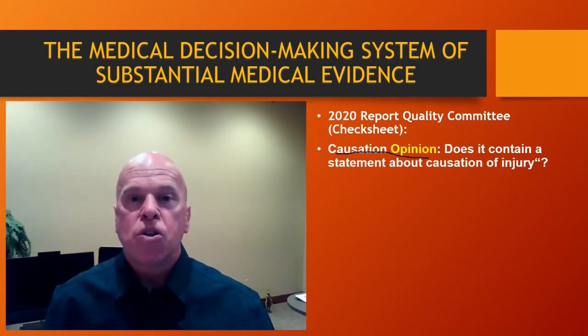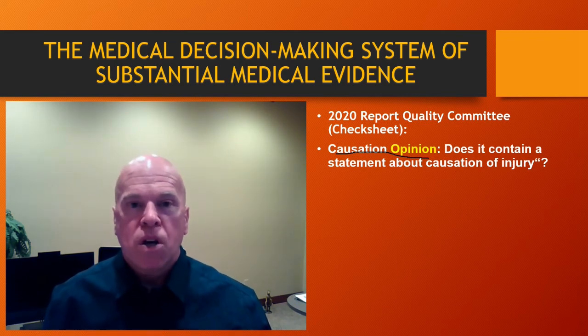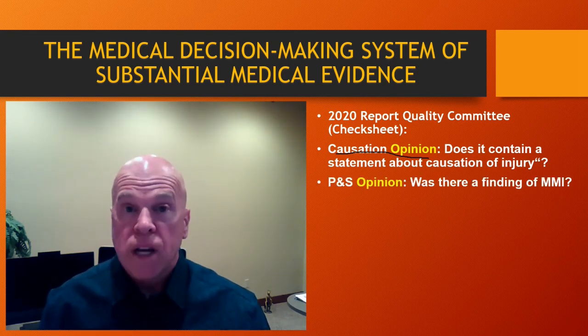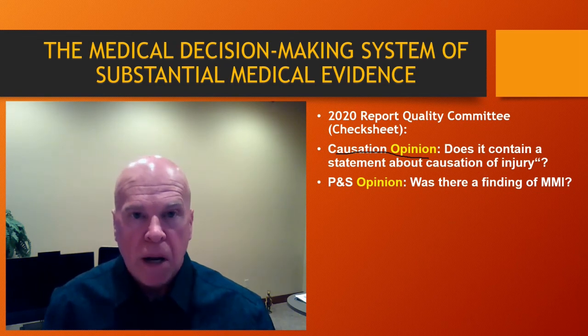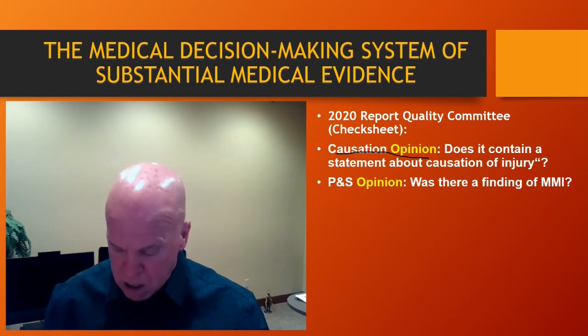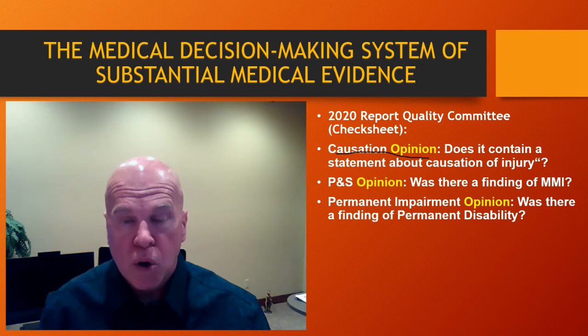It's in the discussion sections of your report where you offer opinions that you must constitute those opinions as substantial medical evidence. One of those is the causation opinion. Another one is the permanent and stationary opinion. Does your report offer a finding of maximum medical improvement, or does it include a finding of no maximum medical improvement?